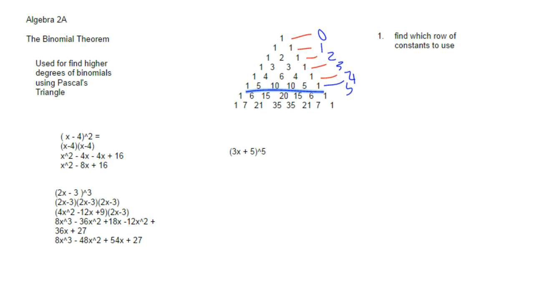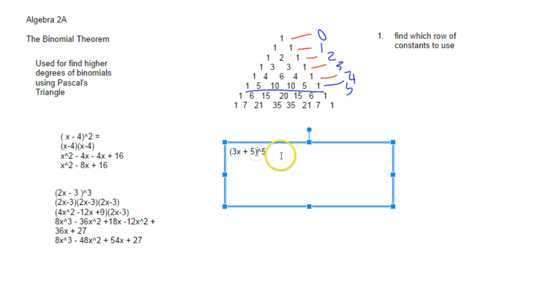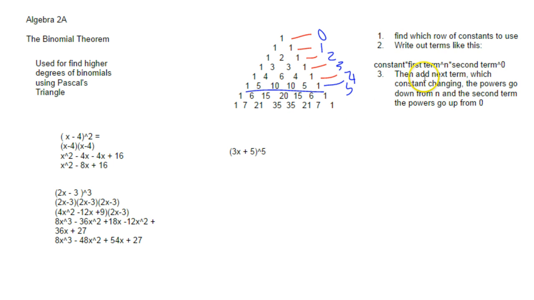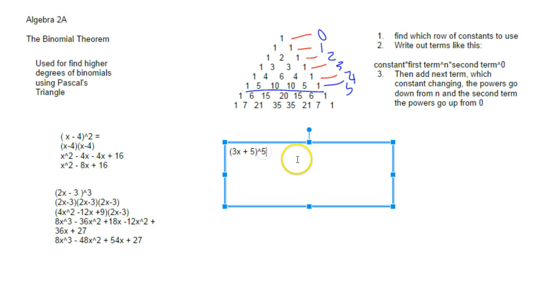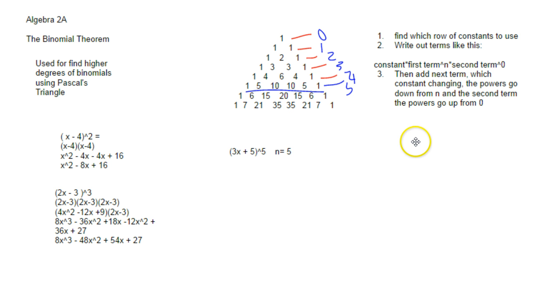What we're going to do is write out the terms. Here's how you write out the terms. You're going to have the constant times the first term to the nth power, which in this case n is going to be 5. So we're going to start at n equals 5 because n is just the power we use.